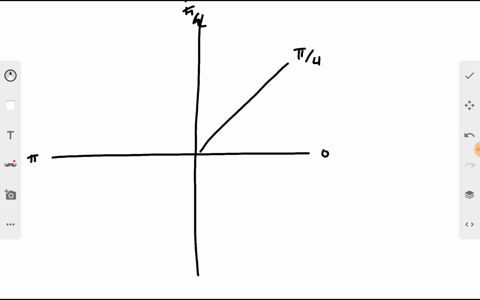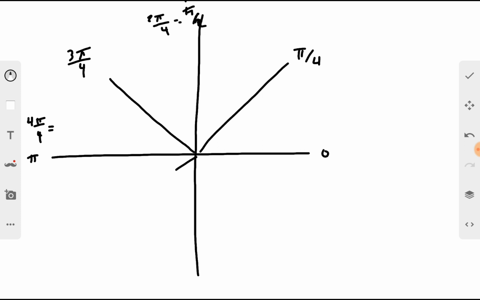So pi over 4 is going to be halfway between each of the axes, okay, which is the same as 45 degrees. Okay, so 0, pi over 4, 2 pi over 4 is the same as pi over 2, 3 pi over 4 would be halfway again, 4 pi over 4 is pi.